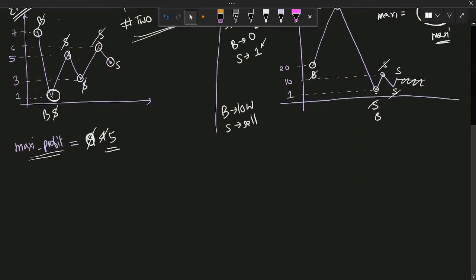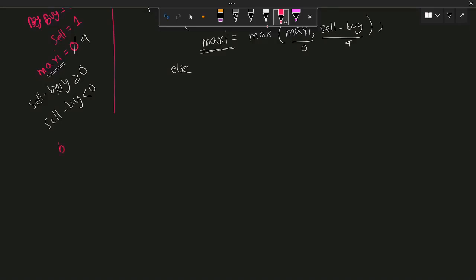So if we write the code, first we have the buy pointer. We'll set the buy pointer to 0 and we'll set the sell pointer to 1, and we'll have a maxi profit. We'll name it maxi, and we will set the maxi profit to 0, right? Now we can use a for loop or a while loop. Let's use a while loop.